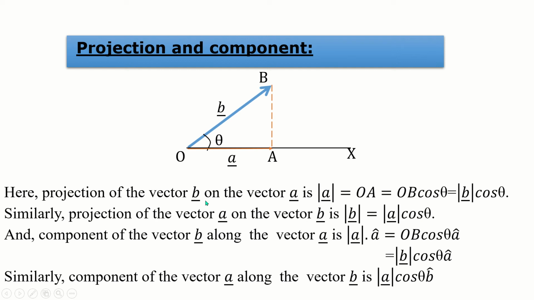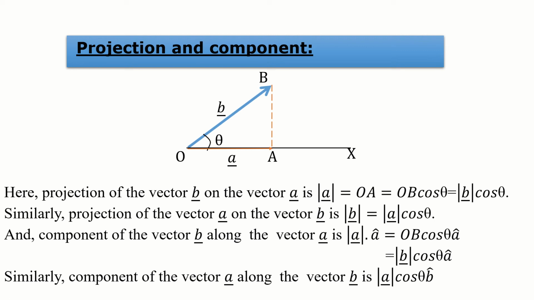Projection and component, their numerical values are the same, but projection is a scalar quantity and component is a vector quantity. As a result, when we find the component of the vector b, we write along the vector a, not on the vector a.